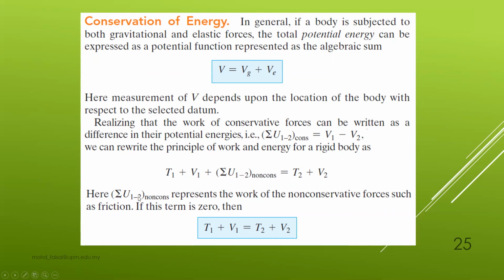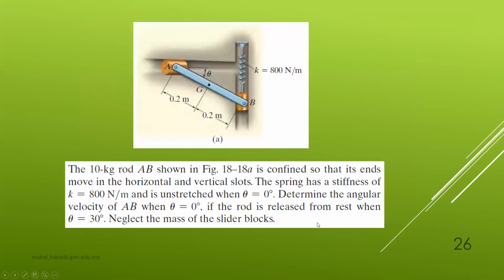These non-conservative forces represent the work of the non-conservative forces, such as friction. If you neglect the friction, then everything will be like so. If you ignore the friction force, then it will be like this.